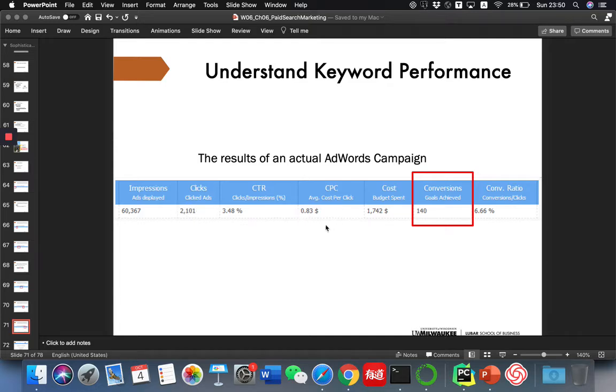We get the CPC on average is less than $1 per click.